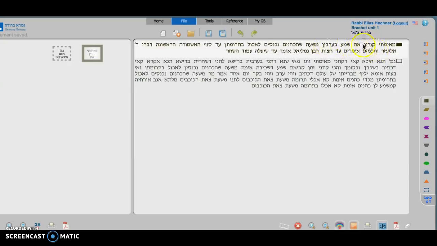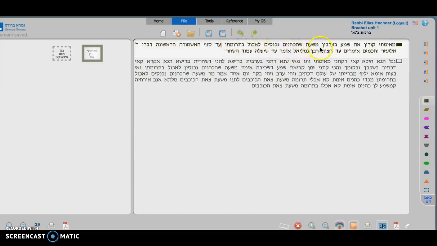So this question really is the complete sentence. It's saying, from when can one start saying Shema at night? And this is going to be the answer to that. Mishe'a shekohanim nichnasim lechol betrumatan. Until when the Kohanim come in to eat the Truma.